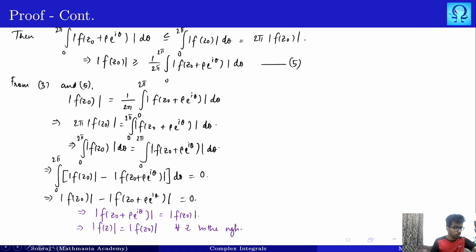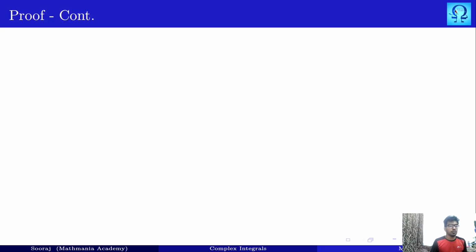So this is happening to be true, right? Sorry, not for all z in the neighborhood, for all z in the circle absolute of z minus z naught equals rho. Okay, now we'll have to extend the result to the neighborhood.